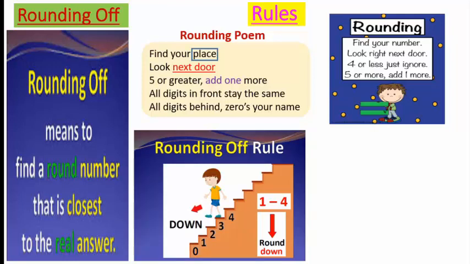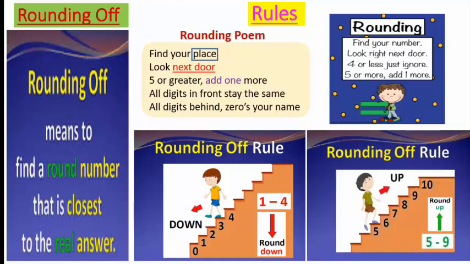So in this given picture you can see a boy climbing the stairs down. Means while climbing down, when he climbs the stair from 4 and less than that, means less than 5, we round the number down. Clear?